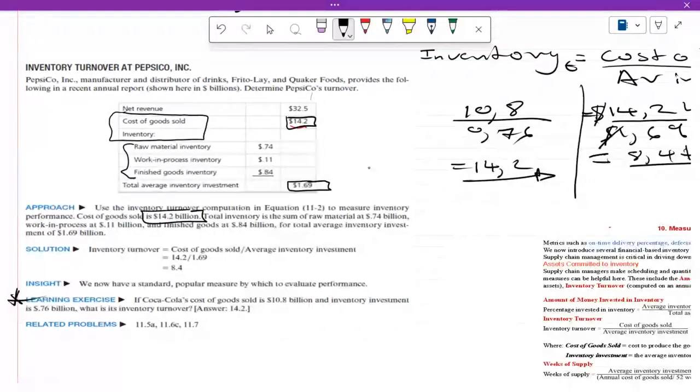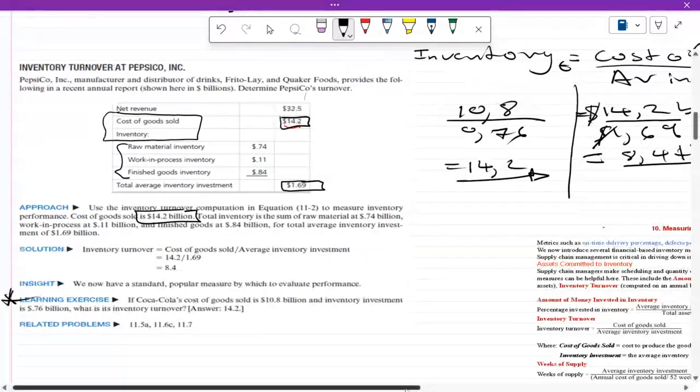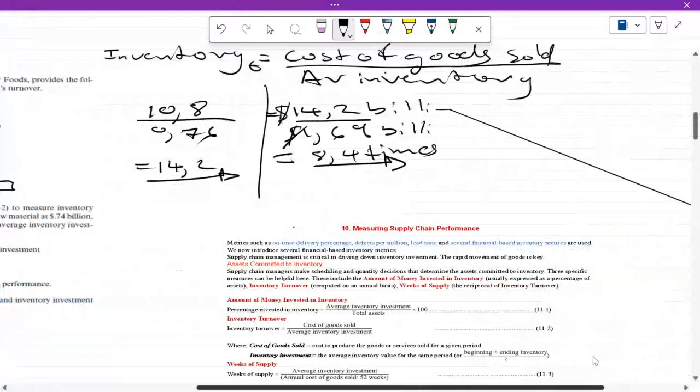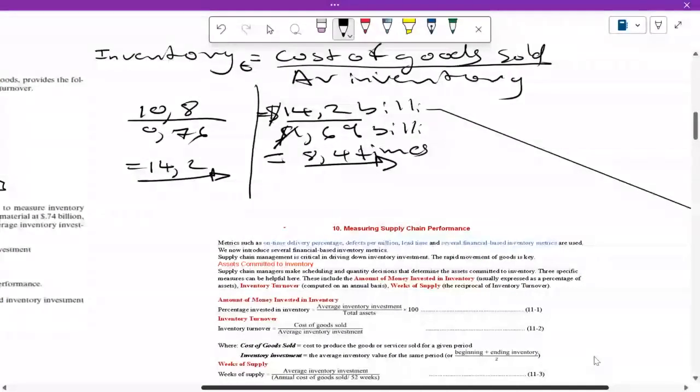All those things, I believe, go under cost of goods sold, because there is a cost incurred before you can sell it. I hope that makes sense. For now, let's leave it.